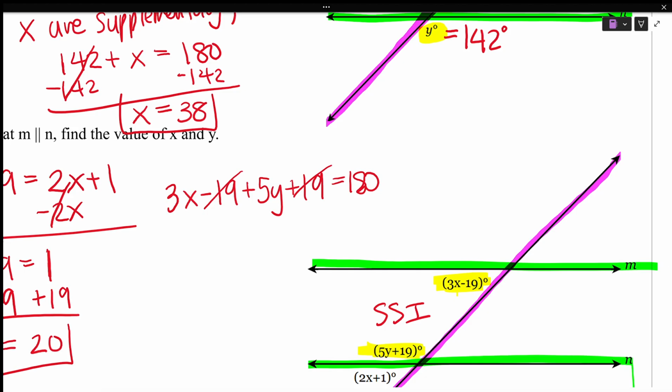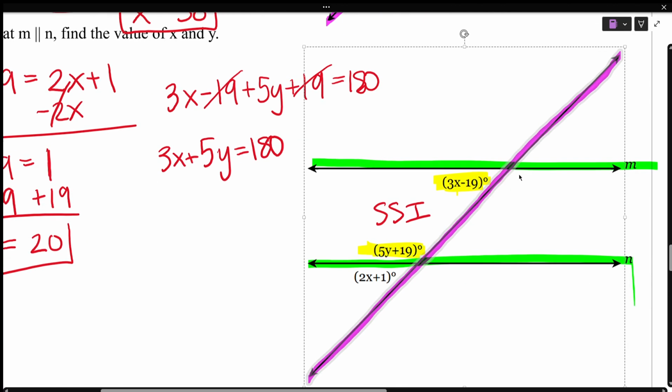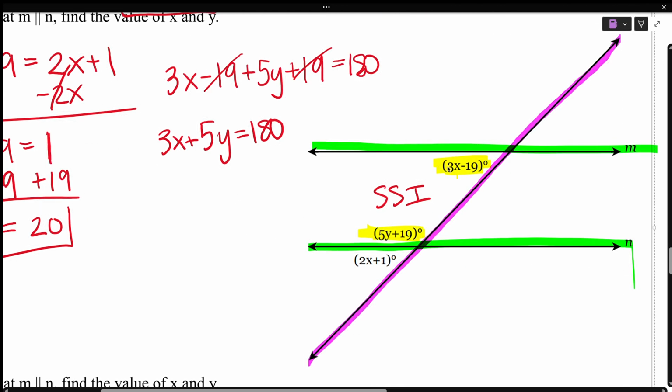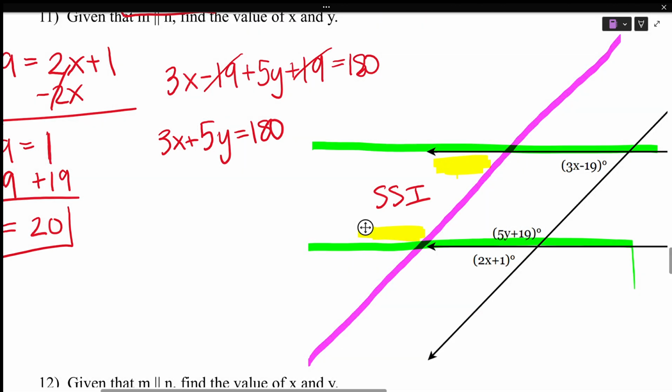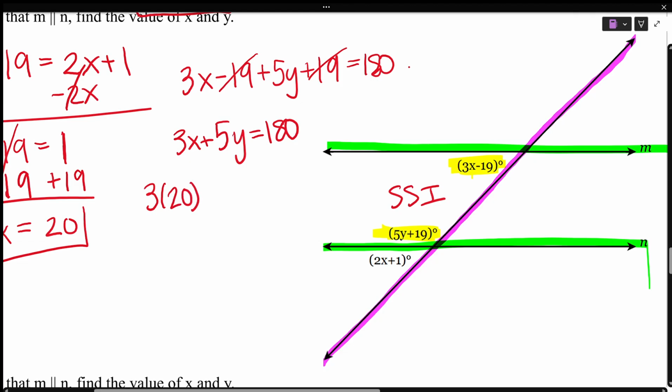So I'm just going to bring down 3x plus 5y equals 180. We know x is 20, right? So since we know that x is 20, all we're going to do is 3 times 20, and then we could just go ahead and solve for y.